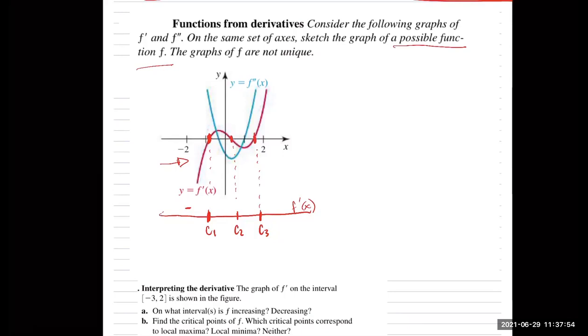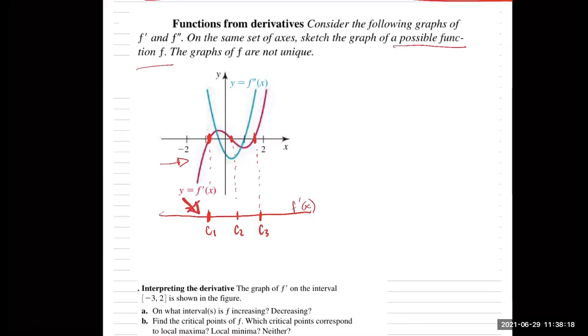If the first derivative is negative, what do we know about our function? It's fine if you need to look back at your notes. Good. If the first derivative is negative, that means the original function is decreasing.